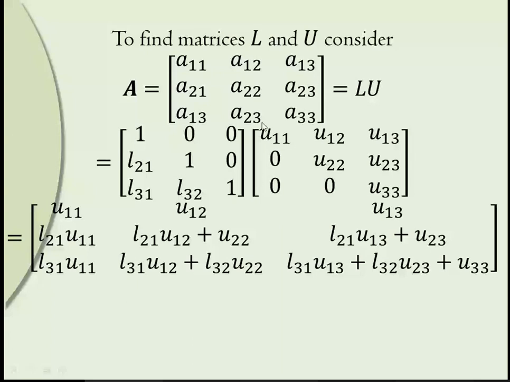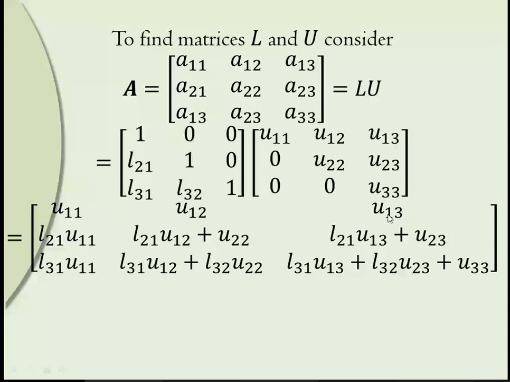For finding this element, position of this element is first row, second column. So take the first row of first matrix, take second column of second matrix, and take the product. 1 into U12, 0 into U22, 0 into 0. That gives us this element. Position of this element is first row, third column. Take first row of this, take third column of this. Take the corresponding multiplication. Add them to get this element.